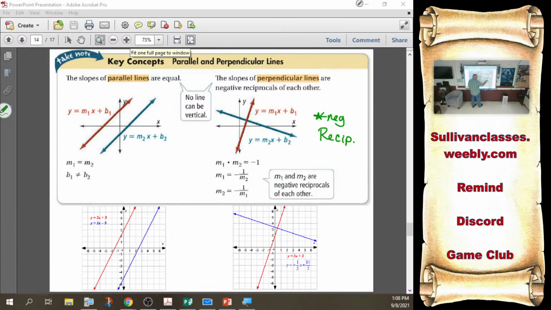For example, 3 is perpendicular to negative 1/3. Negative 5/2 is perpendicular to positive 2/5. Negative reciprocals. You flip it and change the sign.